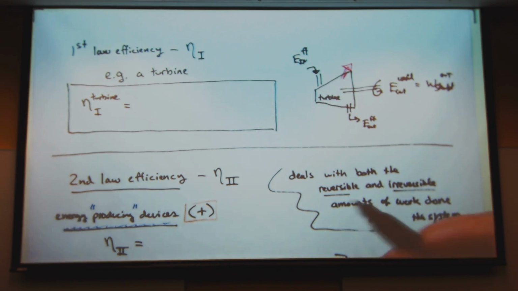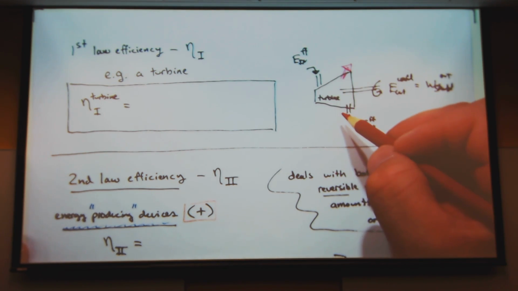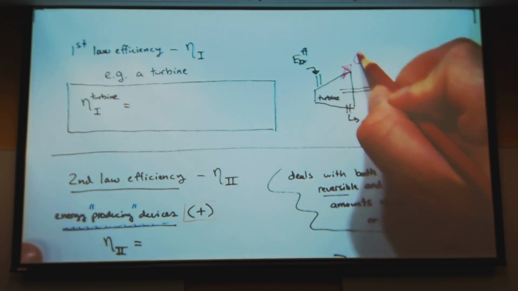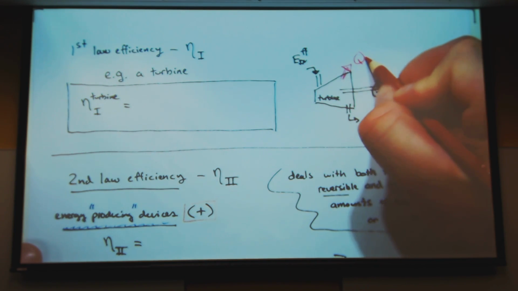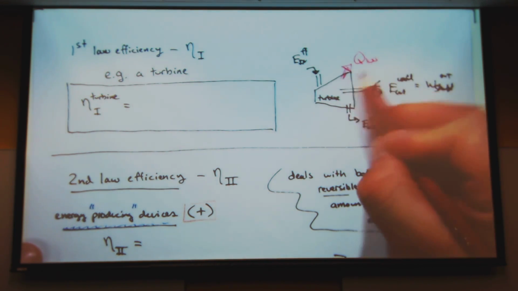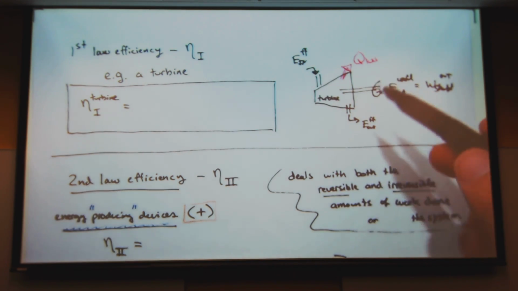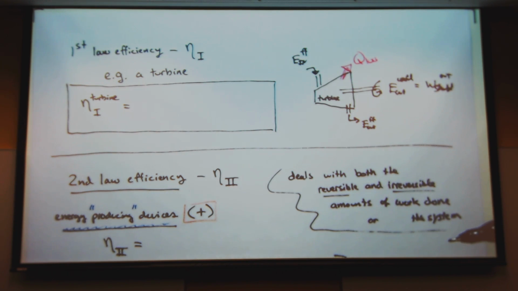Okay? And of course I have some heat loss. There's always friction or something going on inside. Things heat up when they operate, so you end up getting some irreversible heat. I'm lumping a lot of this energy out that is not useful into, I'm just saying it's heat. But there could be more forms.